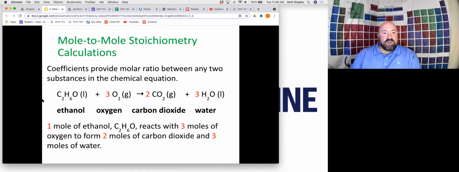So here we see the reaction between ethanol and oxygen. It's a combustion reaction. And so C2H6O plus 3 O2s give us 2 CO2s and 3 H2Os. We're going to now start looking at these coefficients in front as the number of moles. And so 1 mole of ethanol plus 3 moles of O2 give us 2 moles of CO2 and 3 moles of H2O.